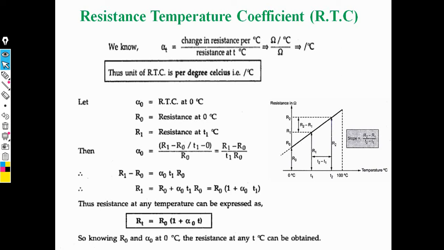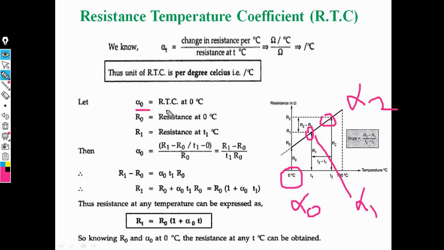Okay, now this phenomenon is very important here. Here the important point is at 0. At the 0 point, the resistance temperature coefficient value is alpha 0. Then at this point we obtain alpha. In this point the resistance temperature coefficient is alpha.